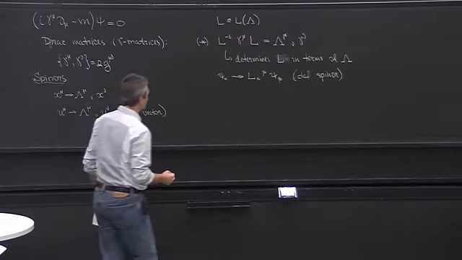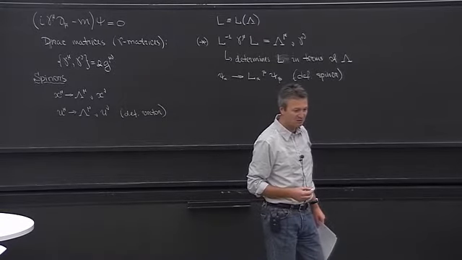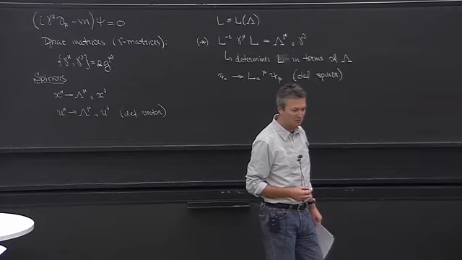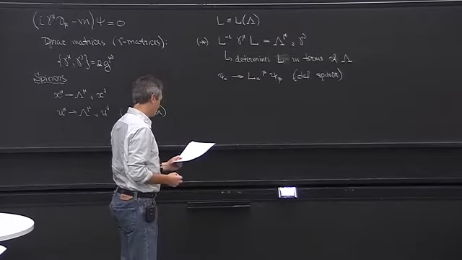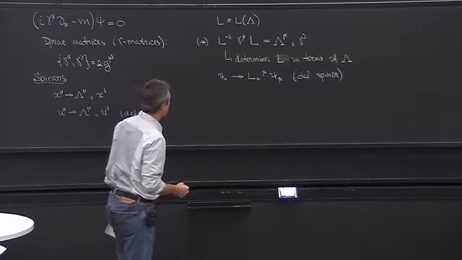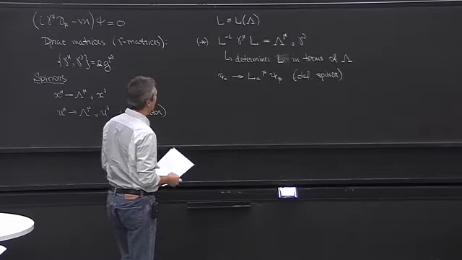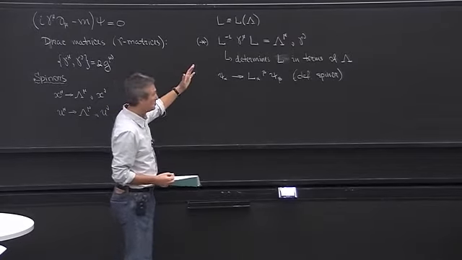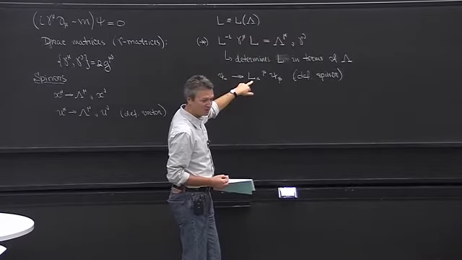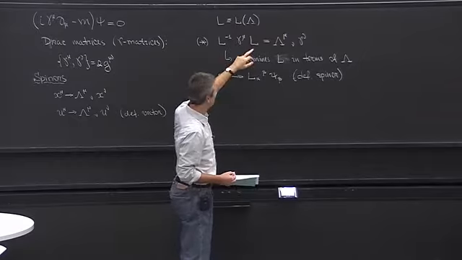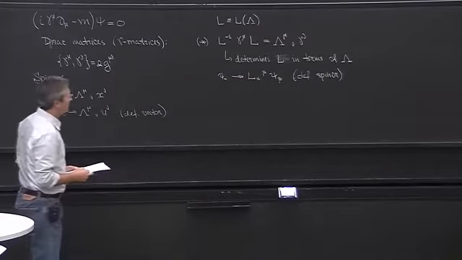So why do you define L rather than L inverse? Well, at this point it is a matter of convention. If I write it as L minus 1, then here I should also write L minus 1. But I want this to be called L, and then it should appear precisely as written.